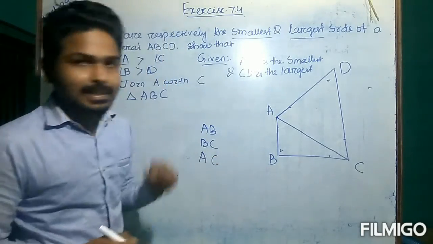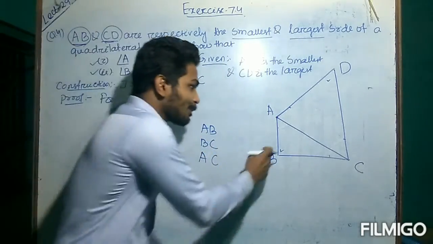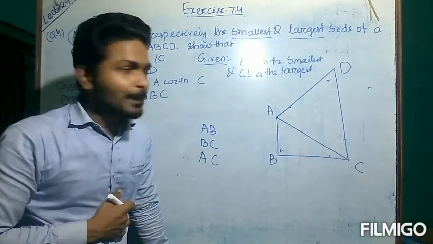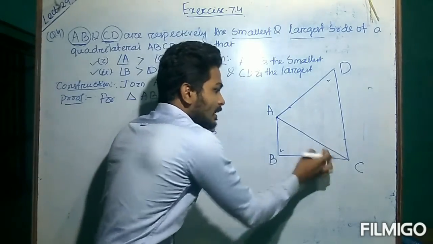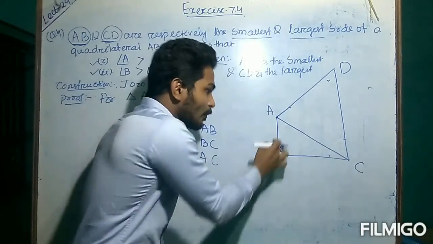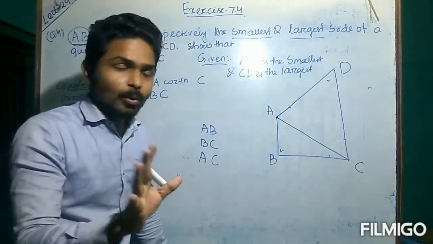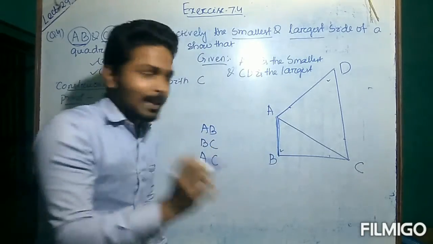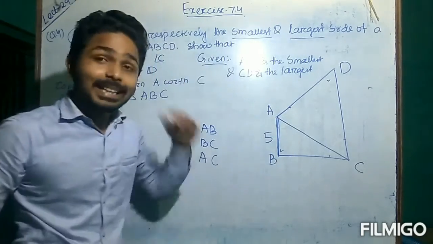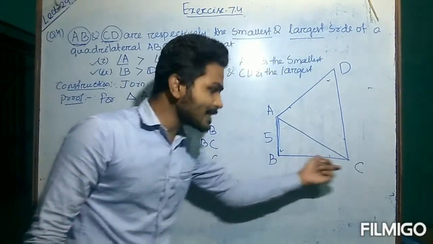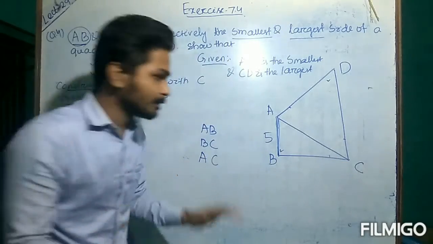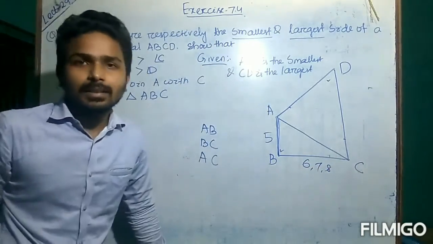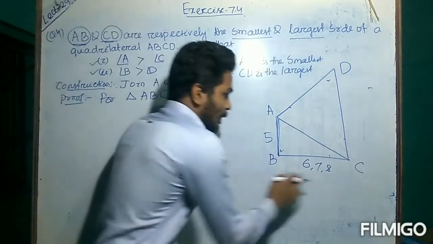Out of these 3 sides, AB is the smallest. For the quadrilateral there are 4 sides, but for this triangle, we know this is the smallest side. If it is 5, then definitely BC is greater than 5. It may be 6, 7, 8, or anything else. Do you understand this?